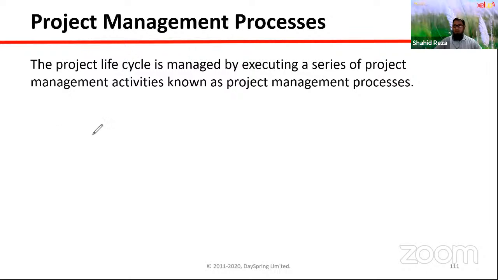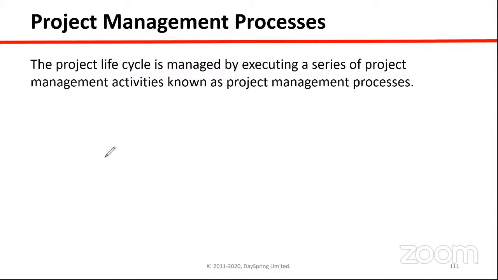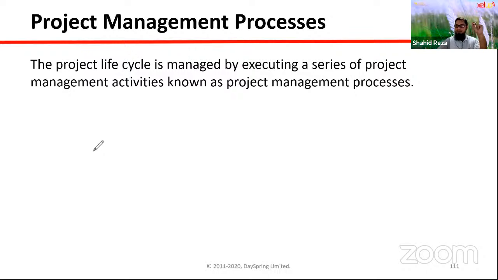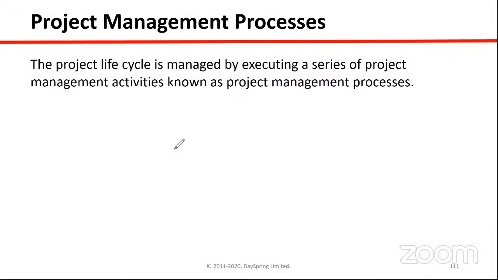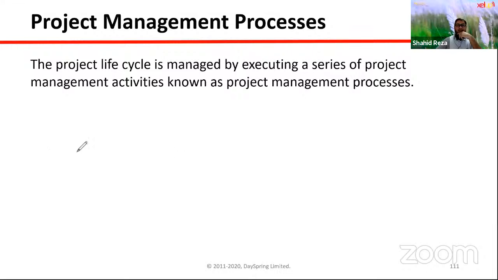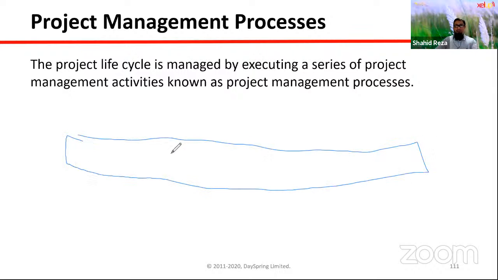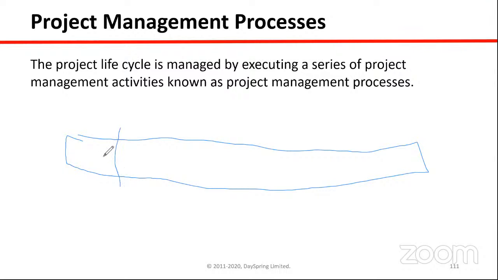Now let's talk about 5 process groups. Where does it come from? If you think about any project, small or big, from any industry, you will see a common, generalized pattern in every project. In a project, I am drawing a line here. In a project, we have some activity.